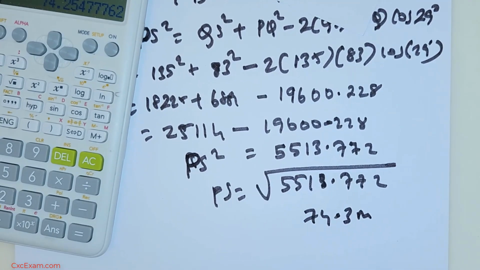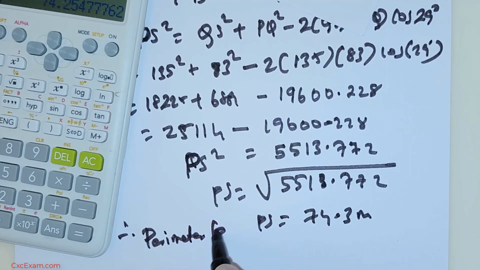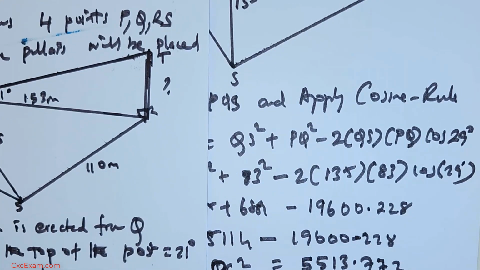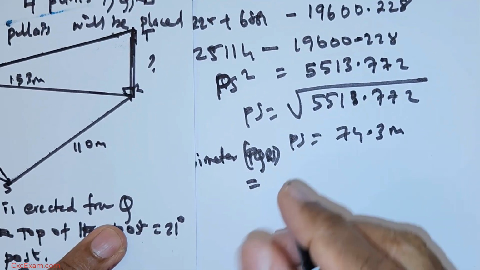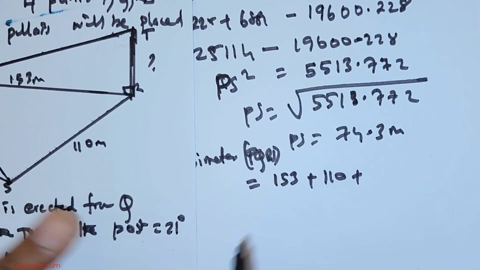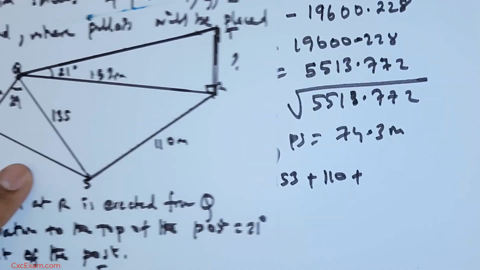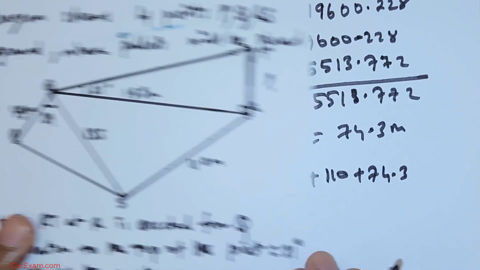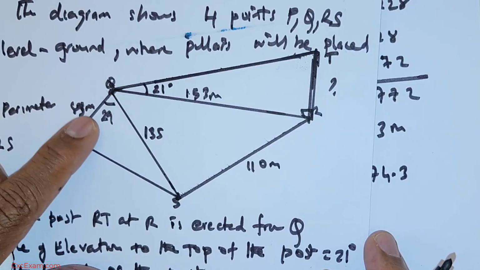So we need to get the perimeter. So this is my PS. So therefore perimeter of PQRS is going to be equal to, go back to the figure, 153 plus 110 plus this is 74.3 plus this.